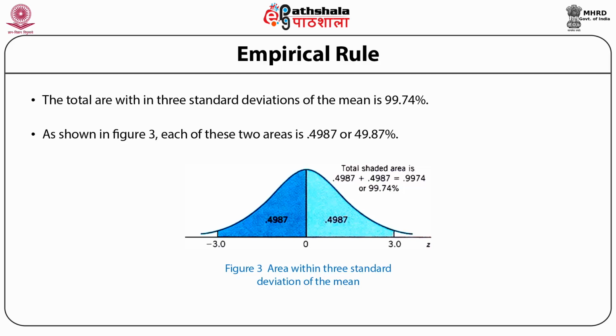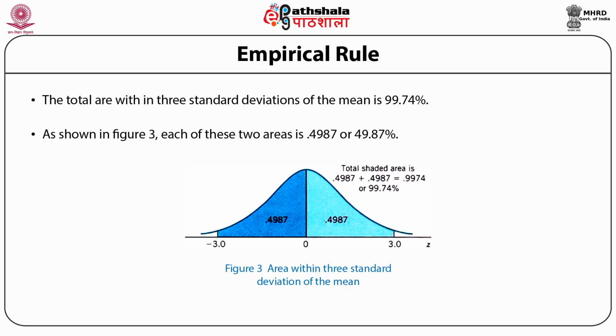Again, we look into the table, the value corresponding to z equal to 3 will be 0.4987. Therefore, the total area between z equal to -3.0 and z equal to 3.0 is 0.4987 plus 0.4987.